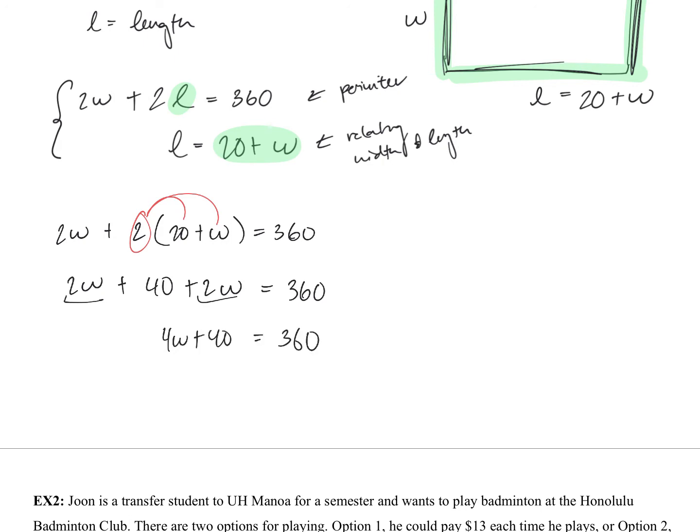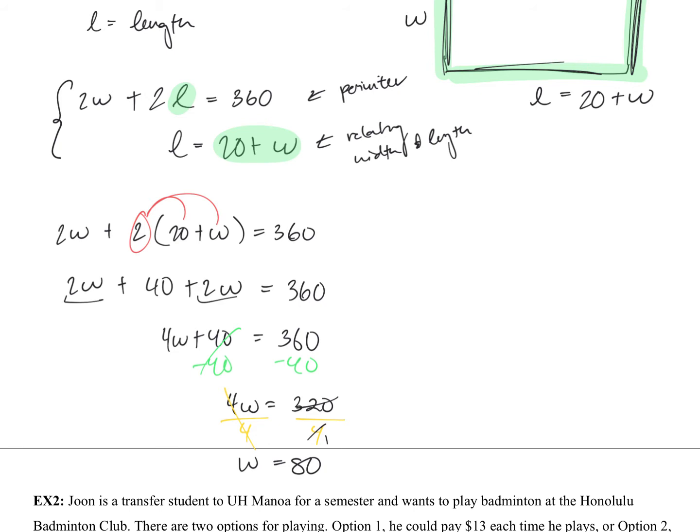Let's go ahead and subtract the 40 from both sides. So 320. And dividing everything by 4. Well, we know that 4 can go into 32 8 times. So that'll be 80. Alright, so we found W equals 80.